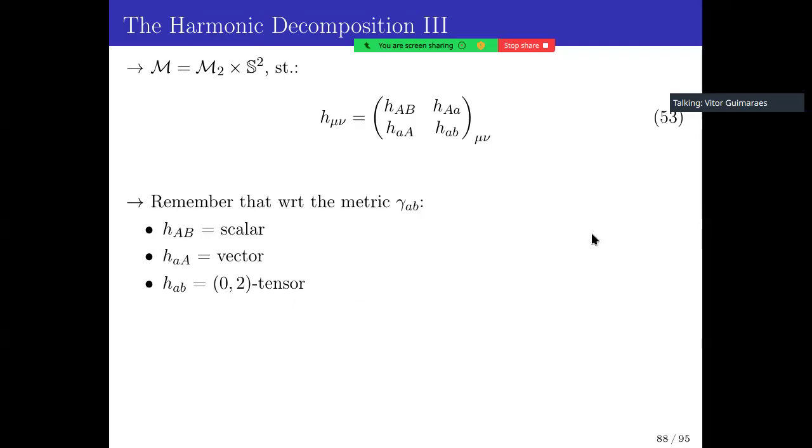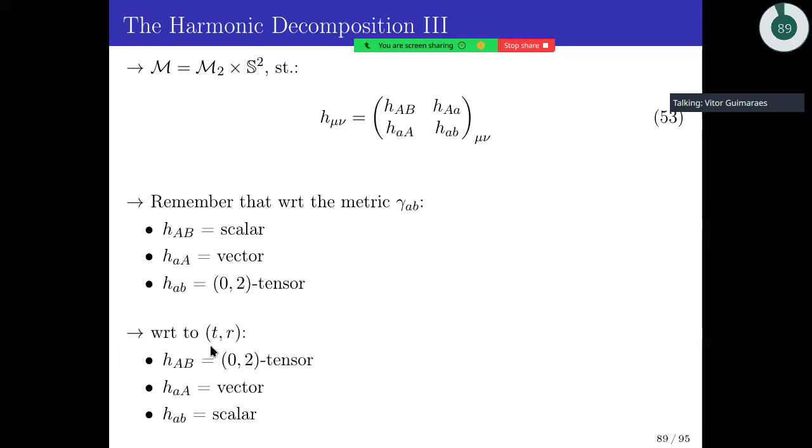But with respect to T and R, with respect to the metric of this manifold here, it is the inverse, right? I hope this makes sense. This is exactly the opposite. With respect to T and R, this transforms as a 0-2 tensor. This also transforms as a vector, right? Because they are mixed. And this transforms as a scalar completely, okay?